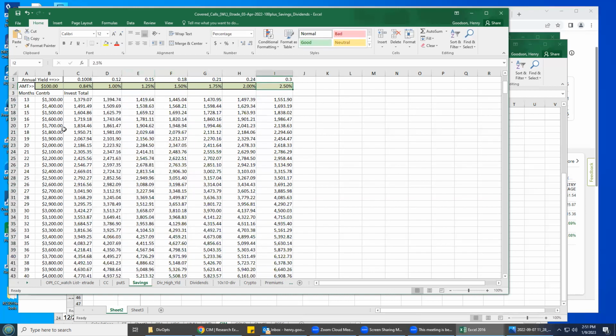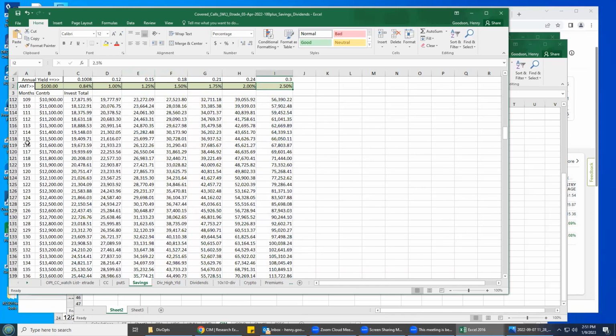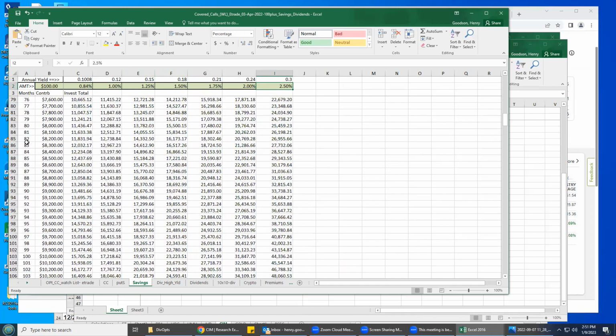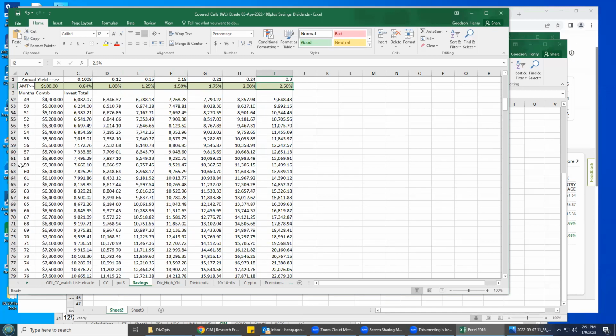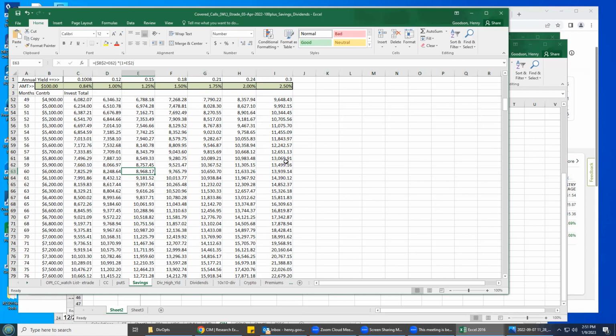These are months, not years, so we're going to go 5 years. 5 times 12 is 60. So in 60 months, the difference between 15%, $8,000, and if you got the covered call, would be $13,000.